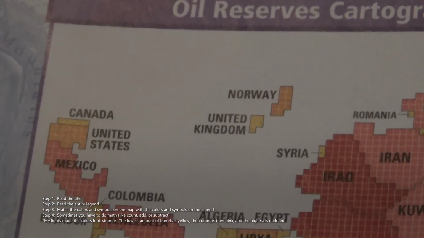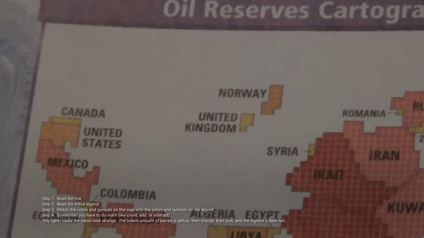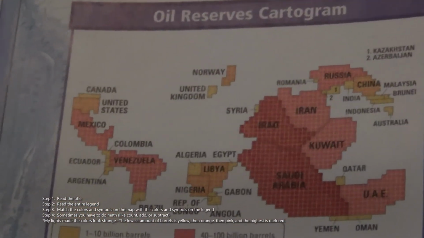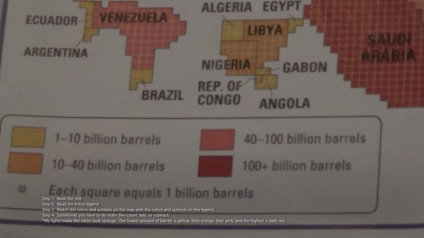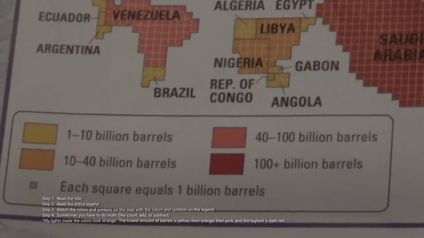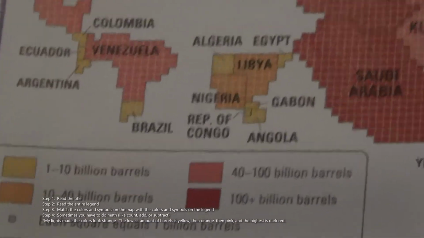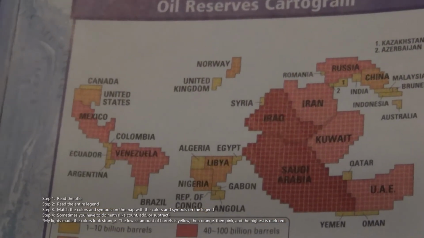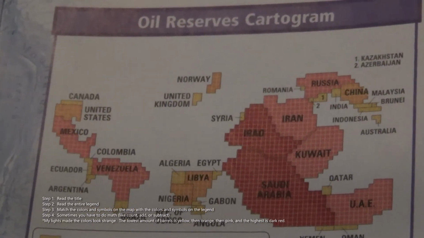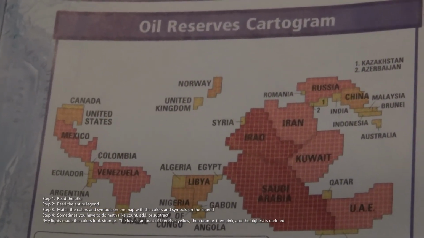We also can see by the colors that these are not representing country borders. They're representing the amount of oil reserved in each area. And so the colors do not mean borders on this particular map. And that is different than the map you looked at earlier in your new geography textbook.